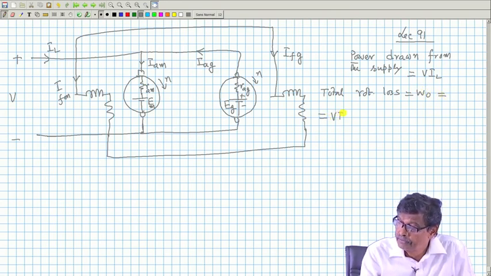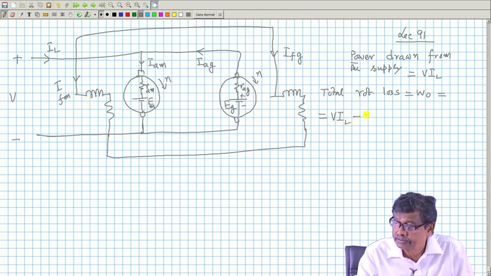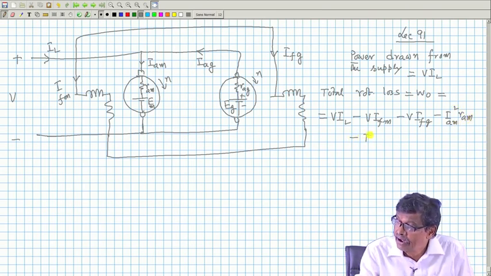Input power drawn from the supply, and then go on subtracting the losses, that is field copper loss, we did it last time, minus V into IFG, field copper loss of the generator, armature copper loss IAM squared RAM minus IAG squared into RAG.